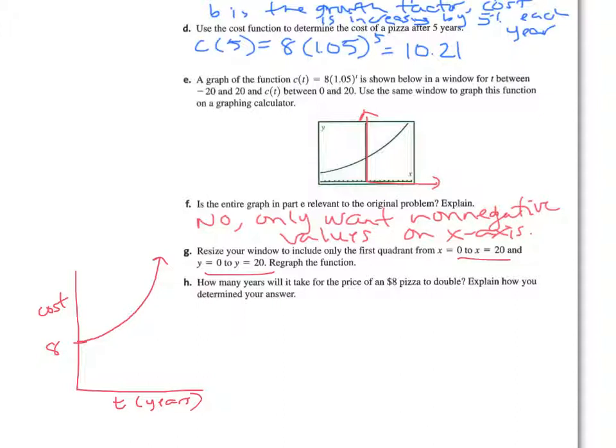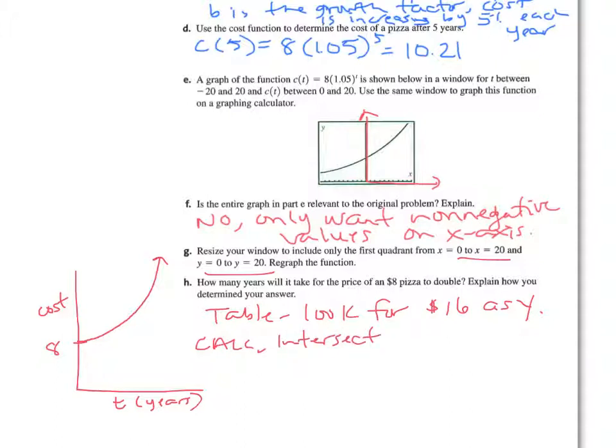That's our new one. How many years will it take for the price of an $8 pizza to double? Okay, so a couple ways I can do this. I can do my table and look for $16 as my y, as my output, or I can do calc intersect, and that would mean that I would have to have in y2 that 16.